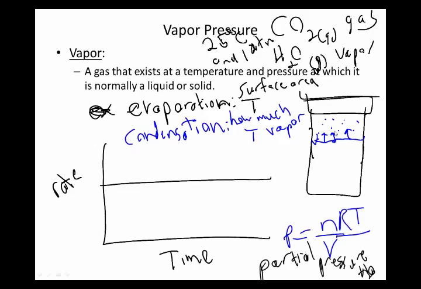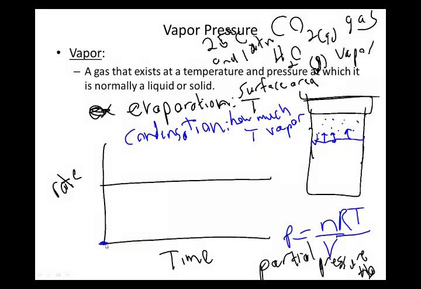Now, at first, when there's no water vapor in there, the rate of condensation is 0. There's no water vapor to condense. As time goes on, since the rate of evaporation, the black line, is greater than the rate of condensation, the blue line, there's going to be more vapor going into the air.